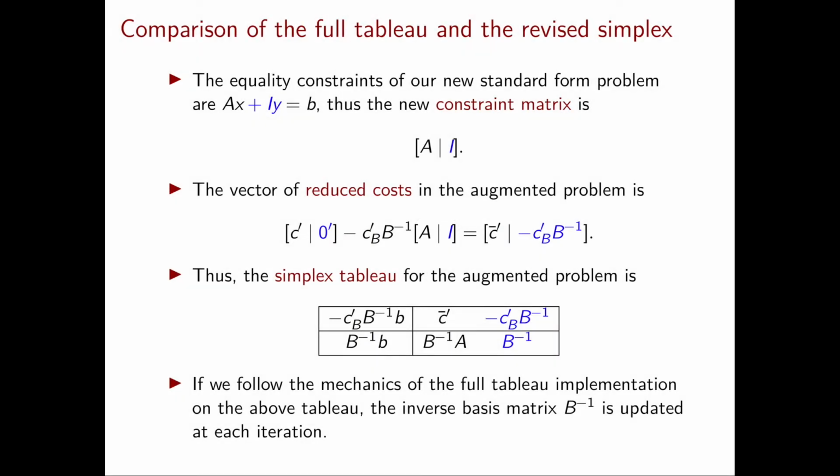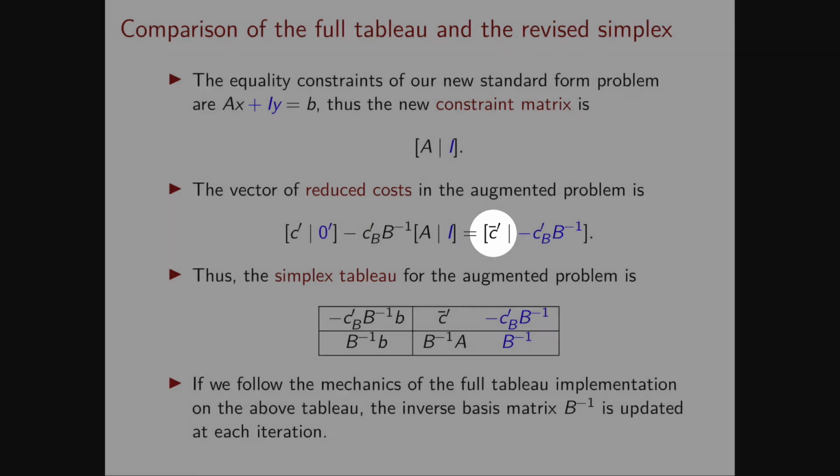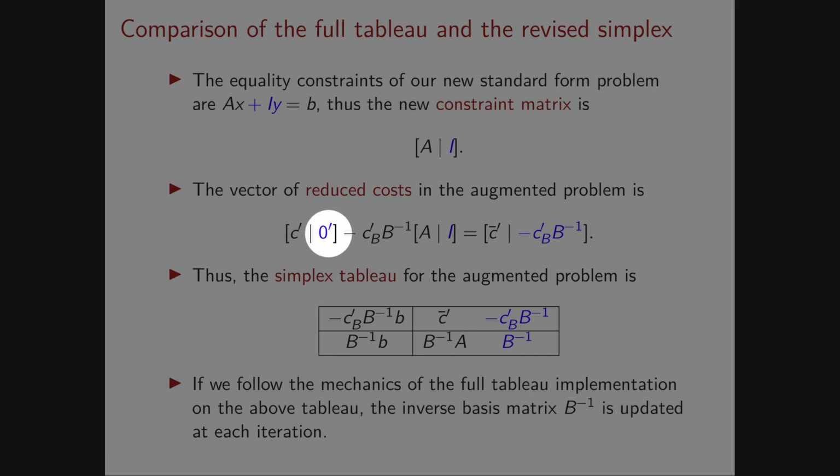So if we look at the first n components of this row vector, we have c transpose minus c_B transpose B inverse A, and these are exactly the original reduced costs, which as always I denote by c bar transpose. The remaining m components are 0 transpose minus c_B transpose B inverse times the identity, and here we have it.